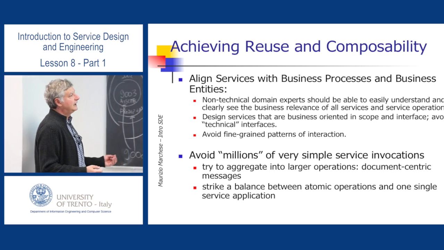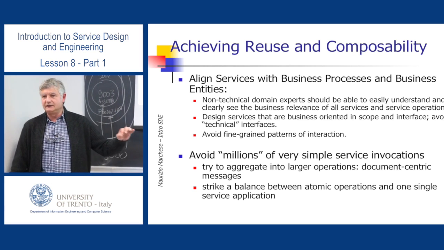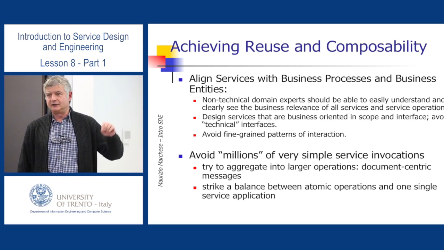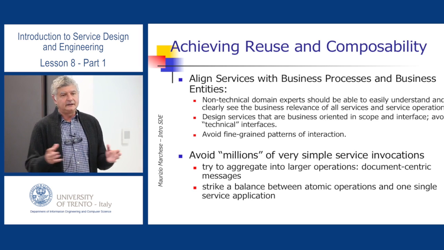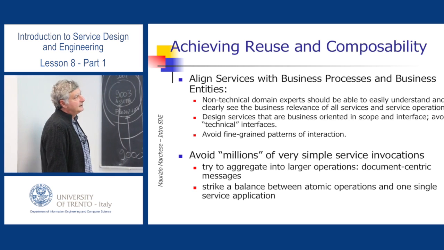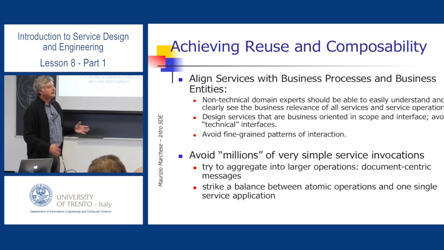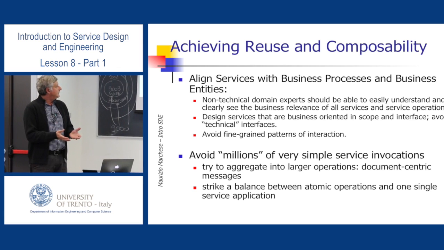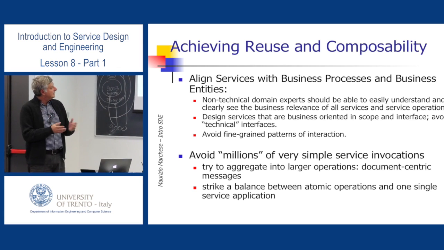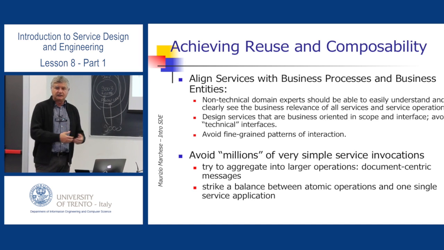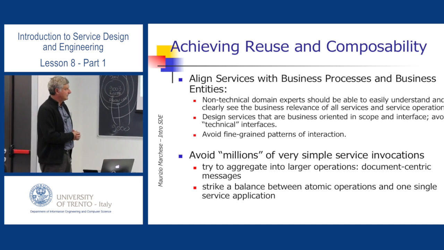On the other hand, you have atomic operations of reading the individual data of your system, like first the name, then the surname, then the age, etc. You have to find the right balance between these two extremes, and the best way is to aggregate atomic operations of individual data reads into some entity or document-centric messages in which you are conveying enough information for that particular entity so it can be processed and maybe aggregated above.